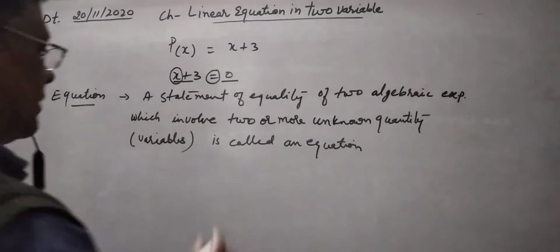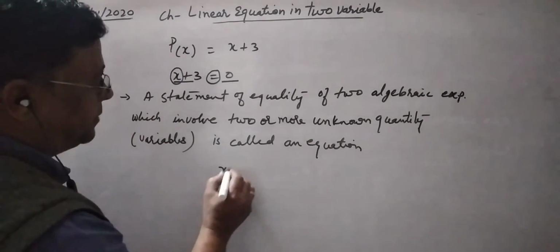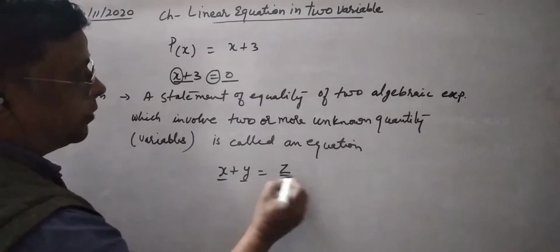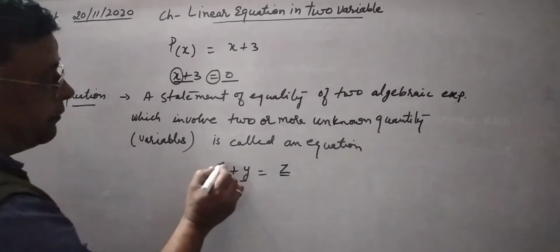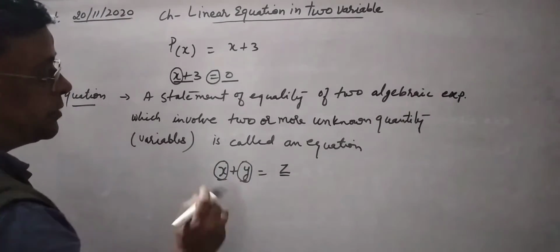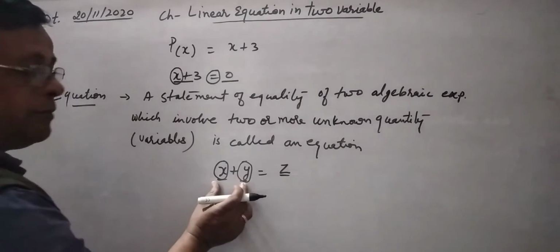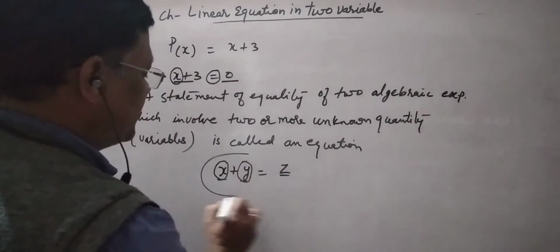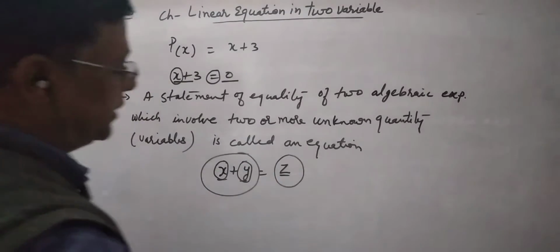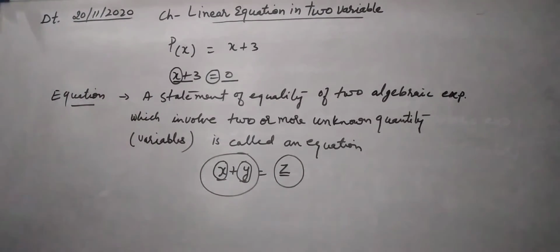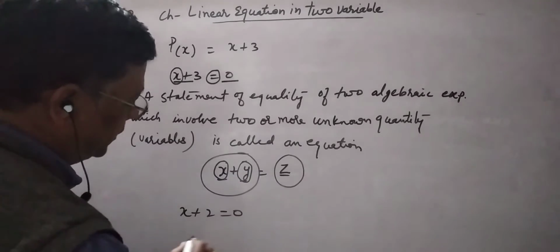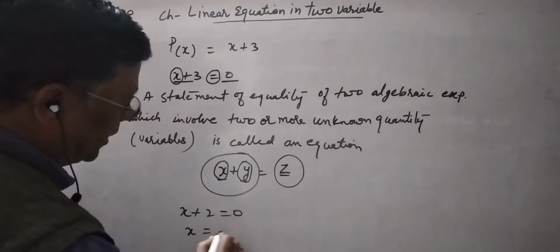Correct? Suppose we have x plus y equals z. These are the unknown quantities. When we know the values of these and substitute them, the expression will be equal to z. That means it has to be satisfied with this value. That is called an equation. Like x plus 2 is 0, so x equals minus 2.